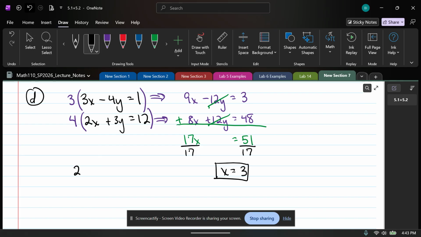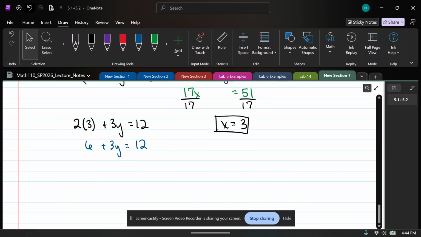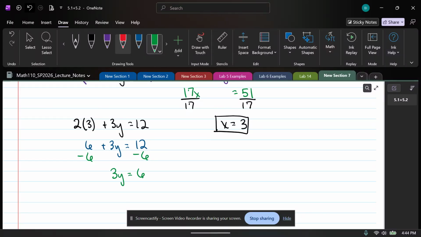So I'm going to go 2 times 3 plus 3y equals 12. I went into the second equation with that 3. That's going to give me 6 plus 3y is equal to 12. We'll subtract 6. 3y is equal to 6. Divide by 3. Y equals 2.